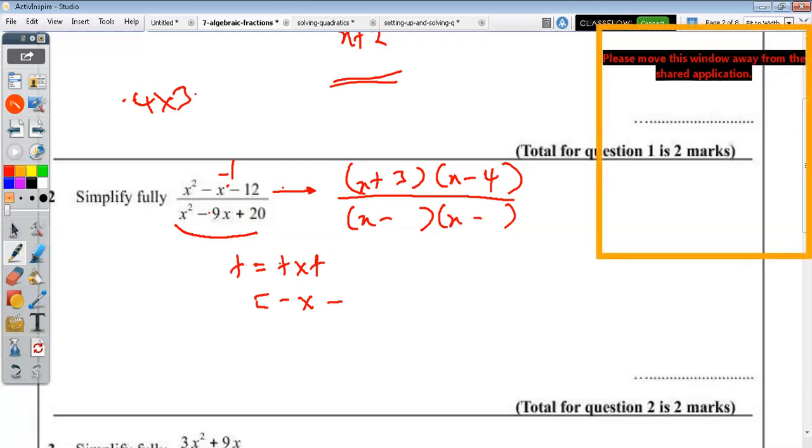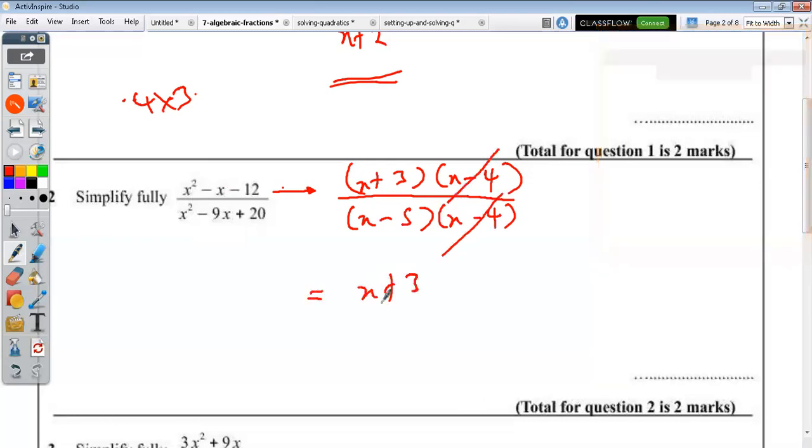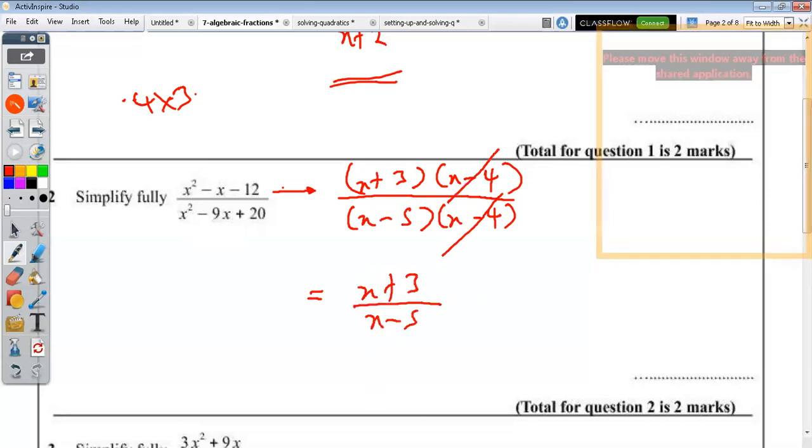Clear? That makes it obvious, because if we add -4 plus -5, we get -9. Divide that, divide that. So your final answer is x plus 3 divided by x minus 5. Is that clear? Yes, sir.